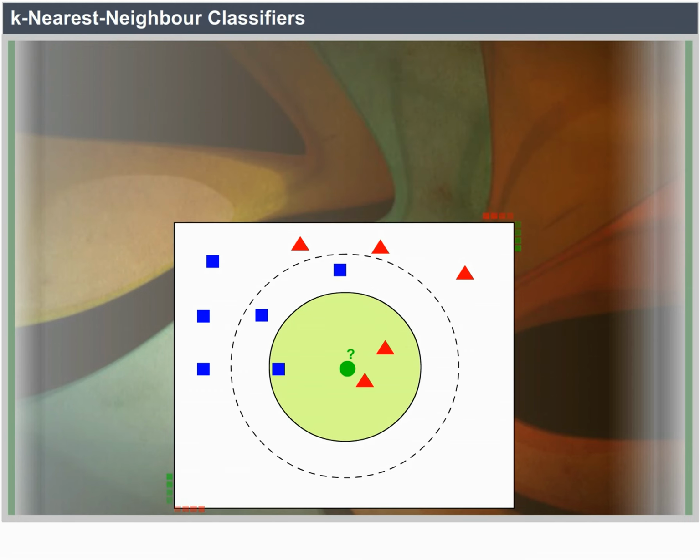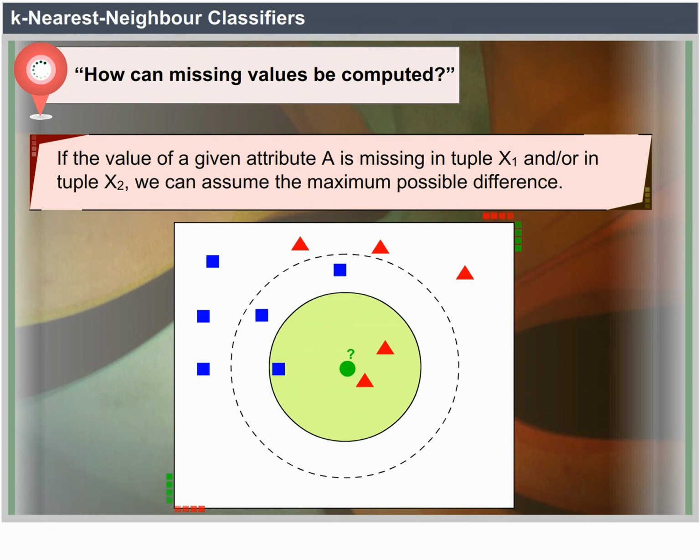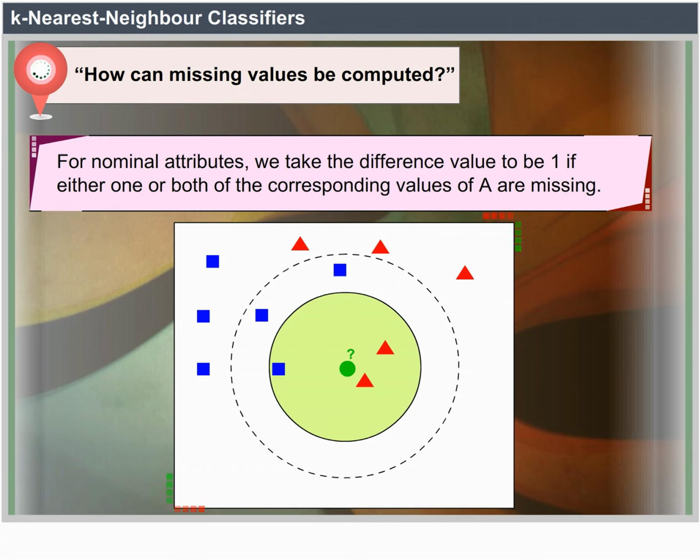What about missing values? If the value of a given attribute A is missing in tuple x1 and/or in tuple x2, we assume the maximum possible difference. Suppose that each of the attributes has been mapped to the range [0, 1]. For nominal attributes, we take the difference value to be 1 if either one or both of the corresponding values of A are missing.